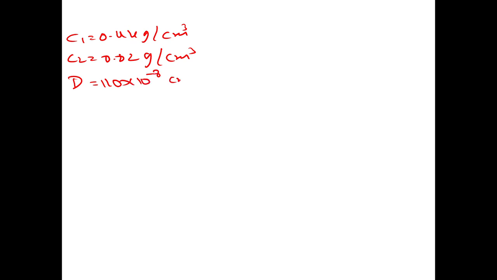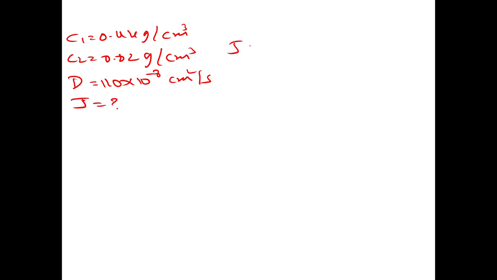C1 is 0.44 gram per centimeter cube, C2 is 0.02 gram per centimeter cube. Then the D value is given as 110 into 10 to the power minus 8 centimeter square per second. So we need to determine the J value.